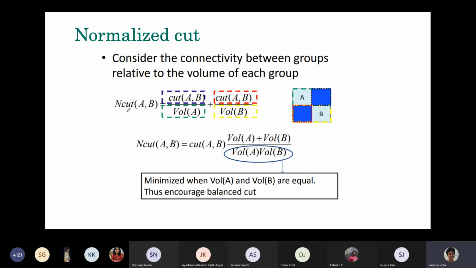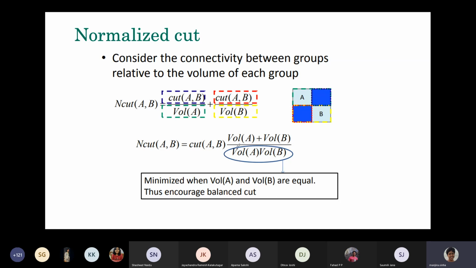So what will be the value of the normalized cut between A and B? It will be 0.3 by 4.7 plus 0.3 by 4.9. If we take the 0.3 common, this will become 4.7 plus 4.9 by 4.7 into 4.9.